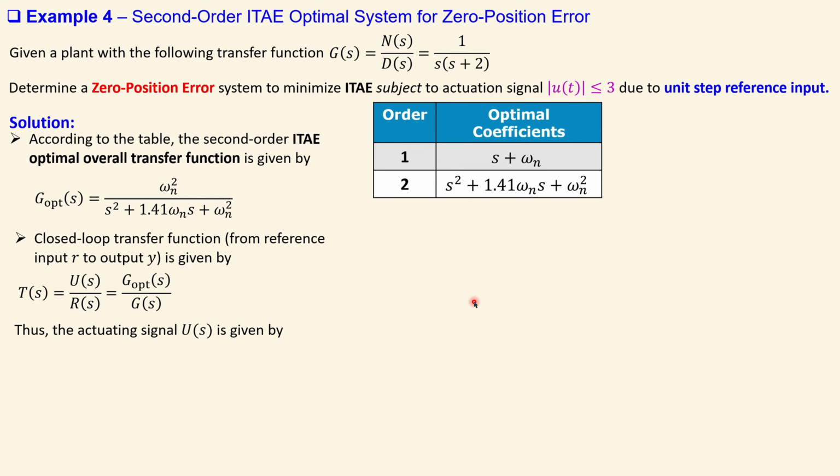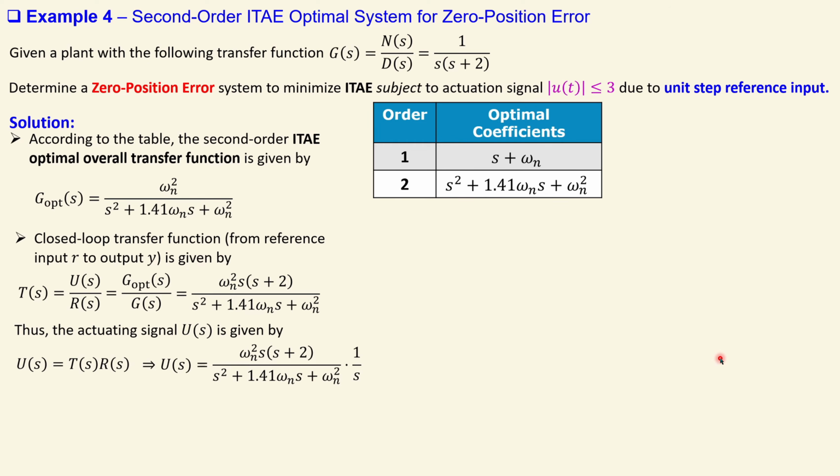Now the actuating signal u is given by this, so if I work it out, my actuating signal u will be this. Of course the r was a step input, so it's a unit step, 1 over s, and I have this expression for my u.